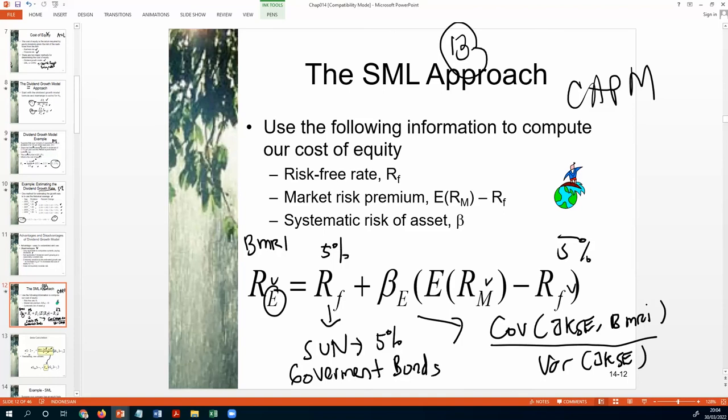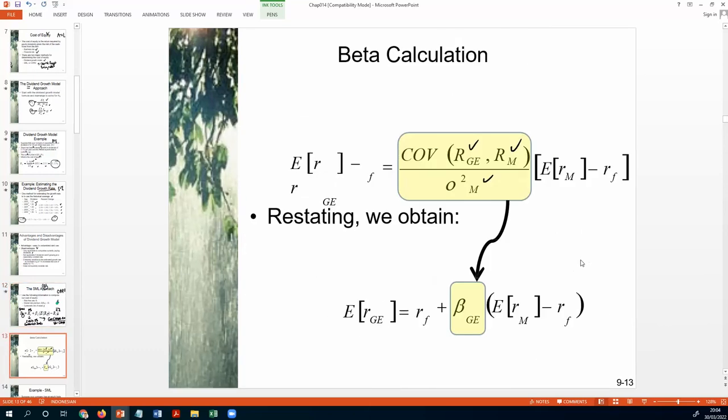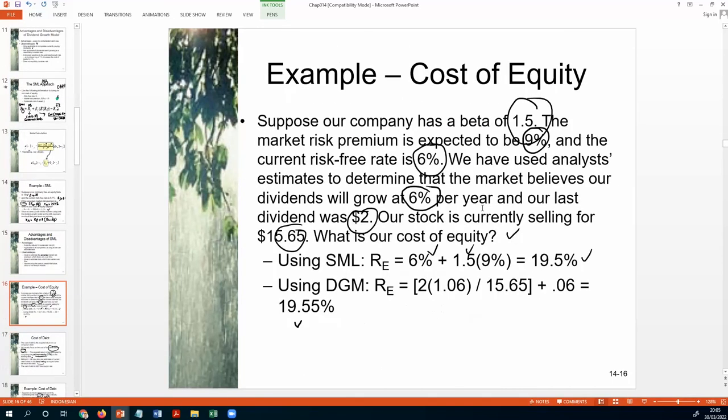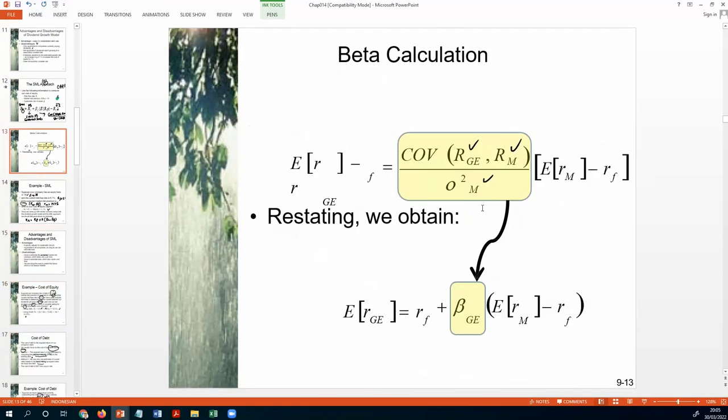So this is the concept of the capital asset pricing model. The beta will be the covariance between Mandiri and the Jakarta Stock Exchange divided by the Jakarta Stock Exchange variance. Okay, so that is the concept.